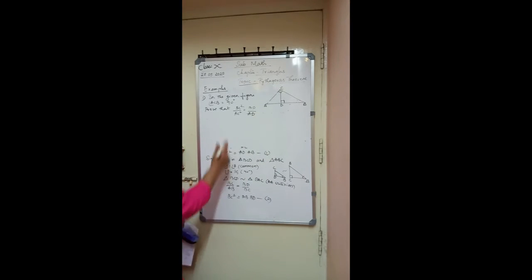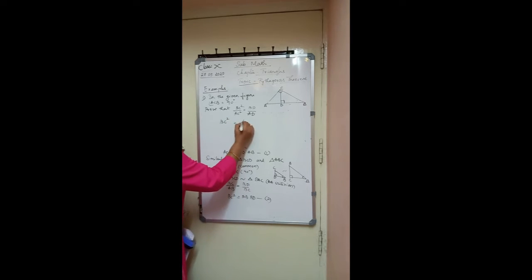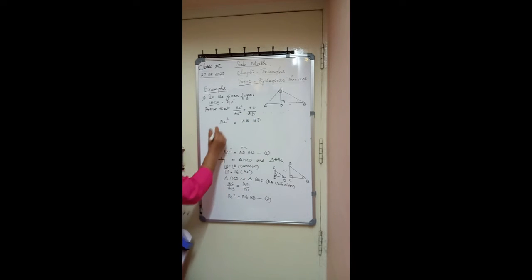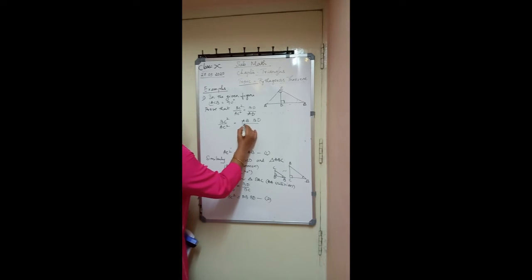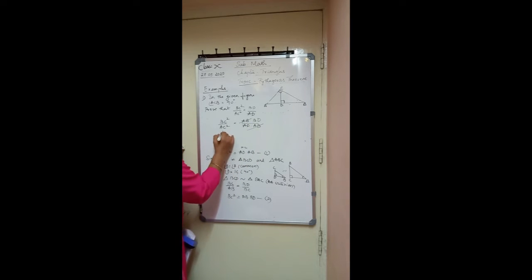BC square is AB into BD, and AC square is AD into AB. AB is common on both the sides. Therefore, BC square by AC square equals BD by AD, which is the required proof.